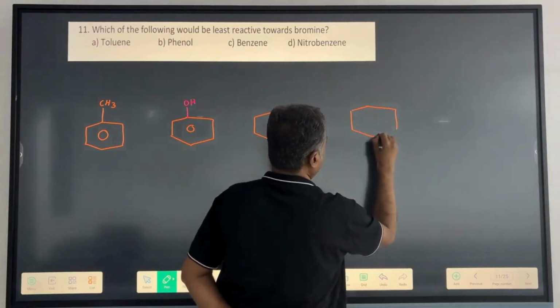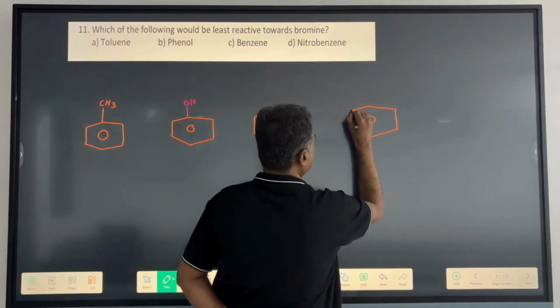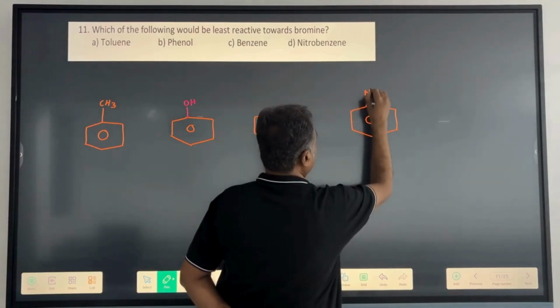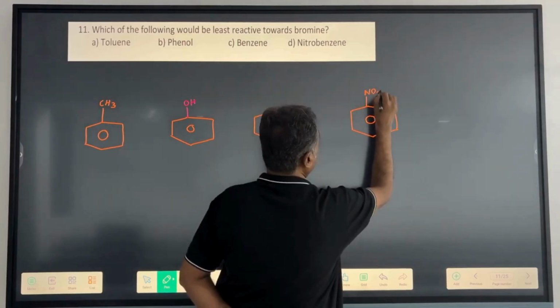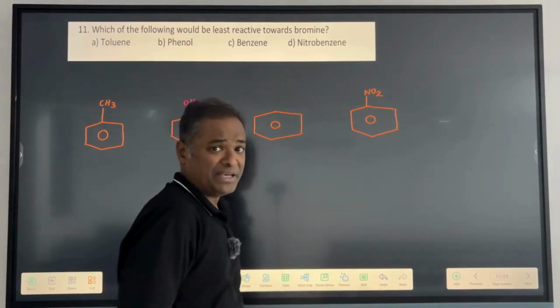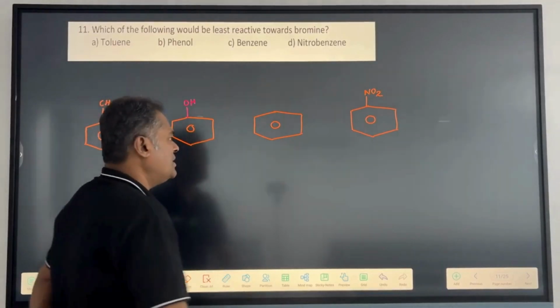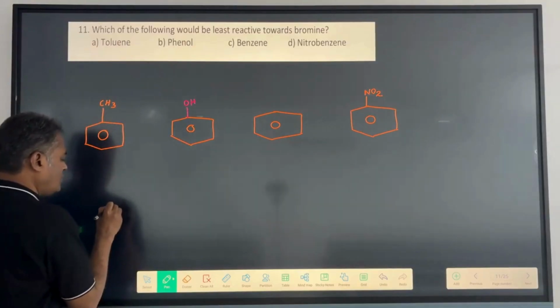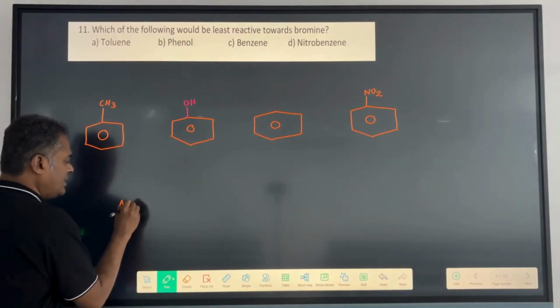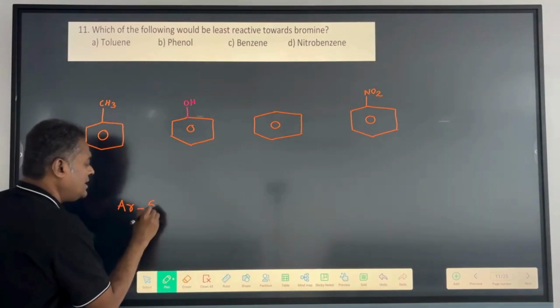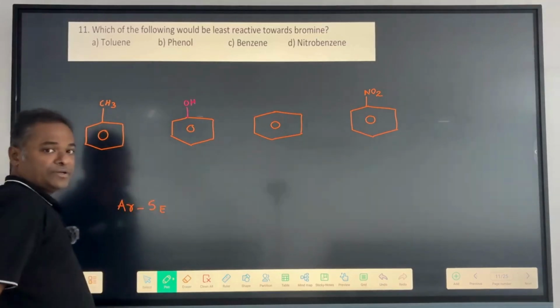Now, before we start anything else, first of all the question is, do all 4 compounds are nothing but an aromatic compound which contains a benzene? Yes, correct. And we have just now in the previous example we have seen that benzene likes to undergo which reaction? It's an aromatic electrophilic substitution reaction, correct?